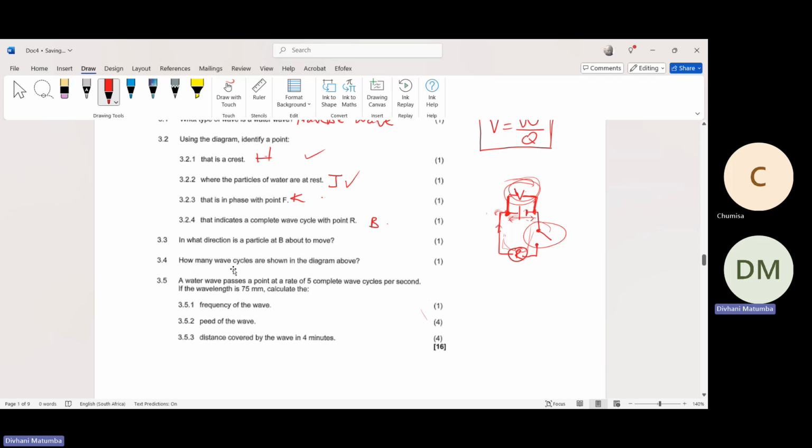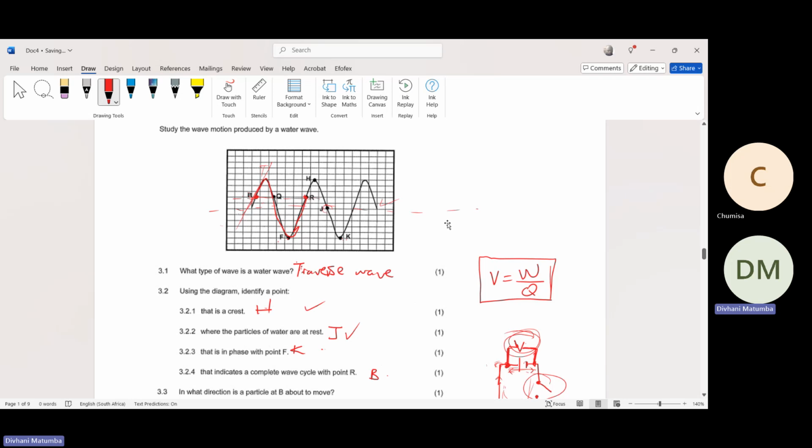Okay. How many wave cycles are shown in the diagram above? I think it's 2. It is 2, ne? And up until here. You agree?